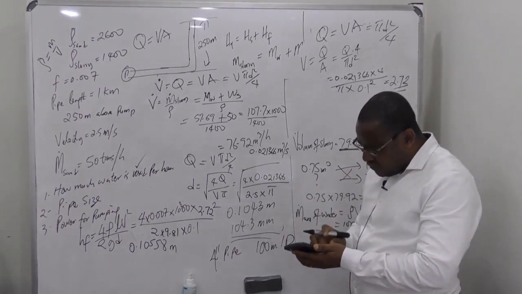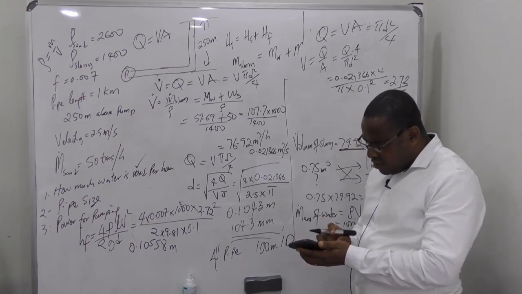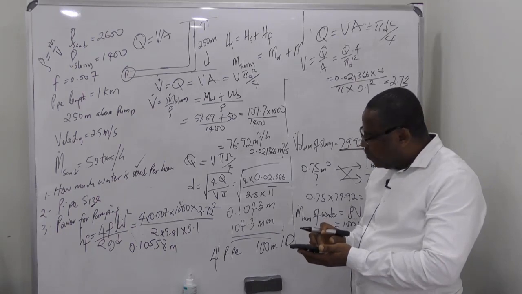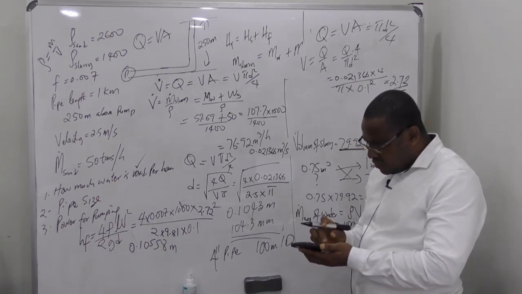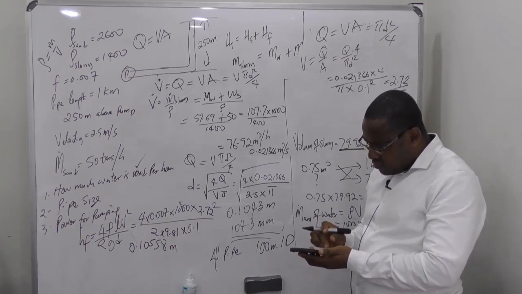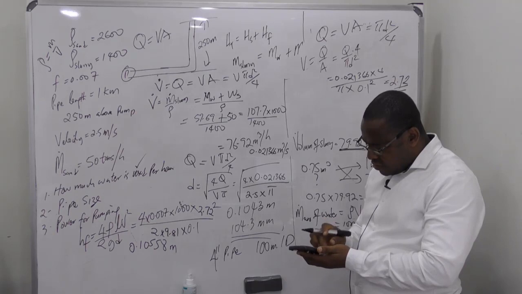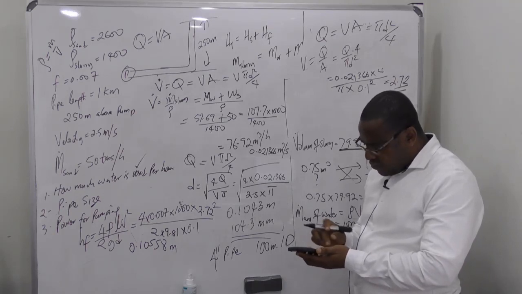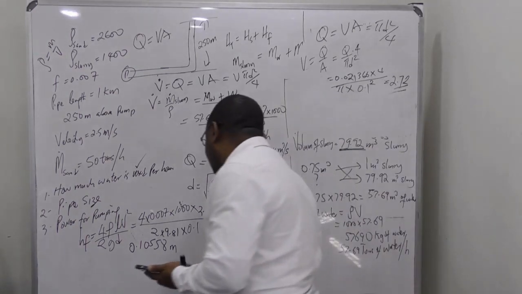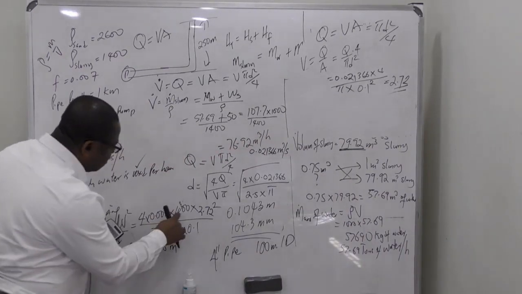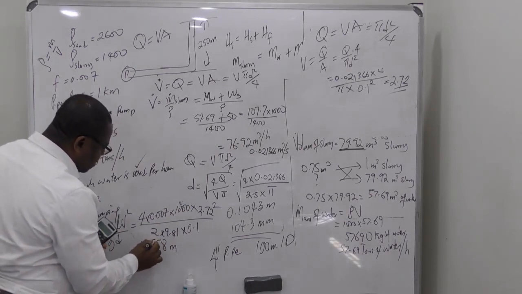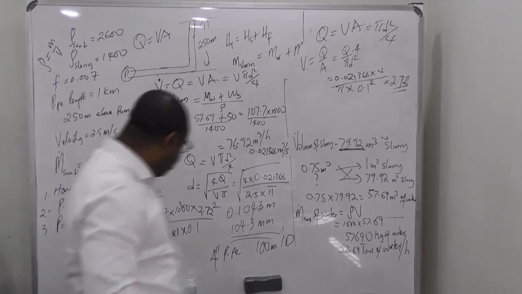Let's see, 4 times 0.007 times 1,000 times 2.72 squared divided by 2 divided by 9.81 divided by 0.1. Oh, okay, yeah, 105.6, sorry. I forgot to multiply by 1,000 here. So I have 105.58, or 105.6.